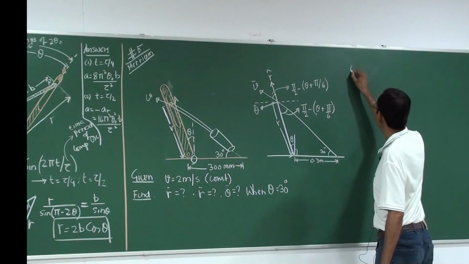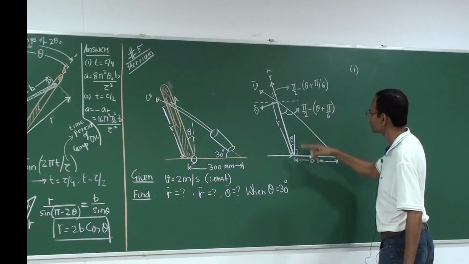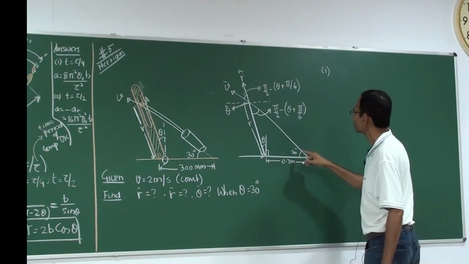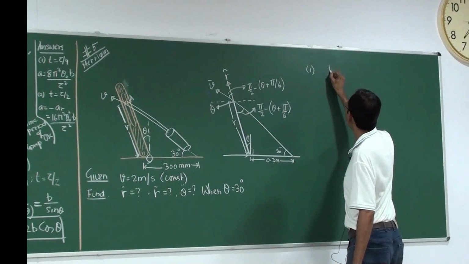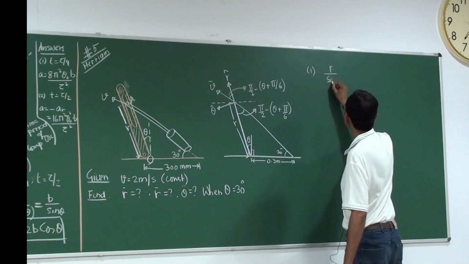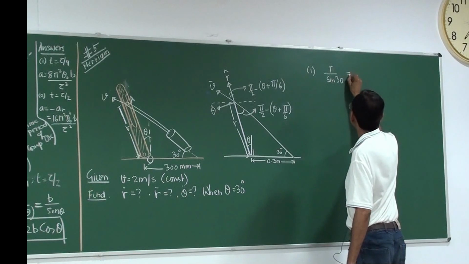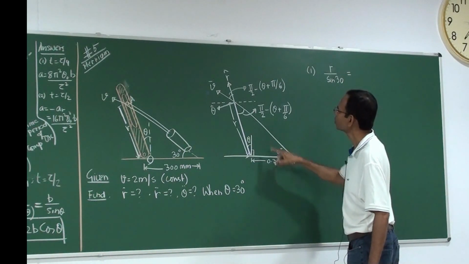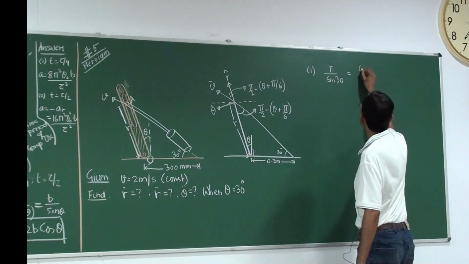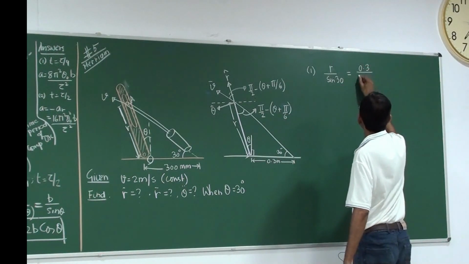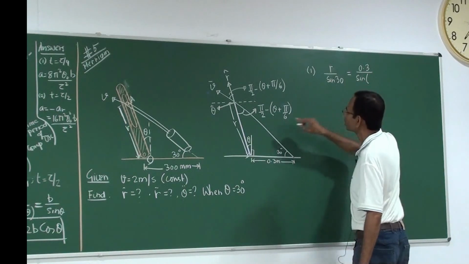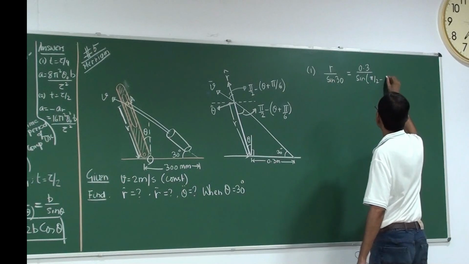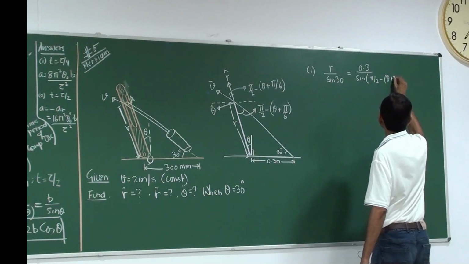The first equation you can write from this relation is: R by sine 30 is equal to 0.3 meter by sine of (pi by 2 minus theta plus pi by 6).